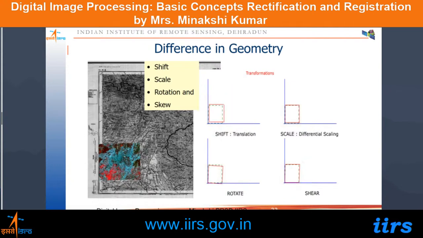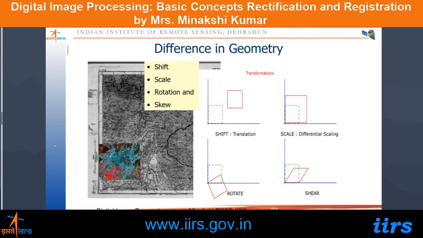Even if you have an image which is perfect without any distortion in the shape, you may want to overlay it over a topo sheet. That means the projection of the image and the projection of your topo sheet may not match. Or you may want to overlay an image over another image. So you have to do this step called image rectification or registration.